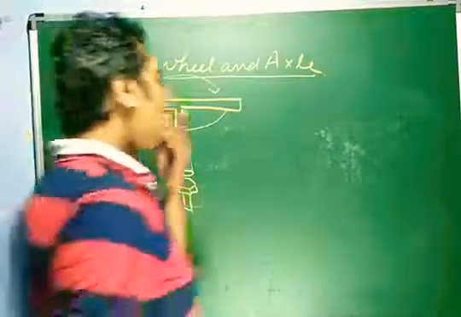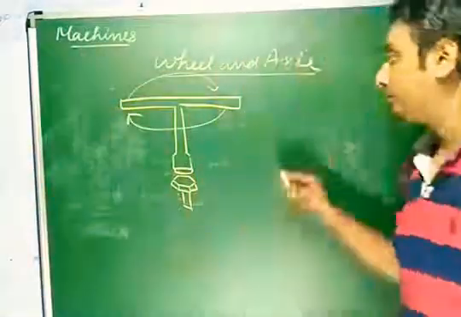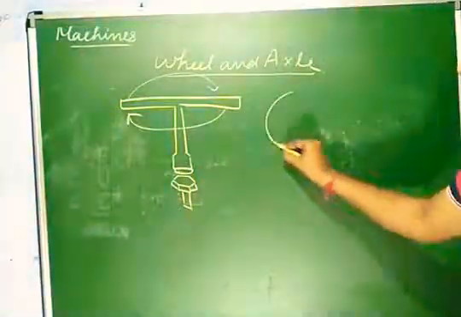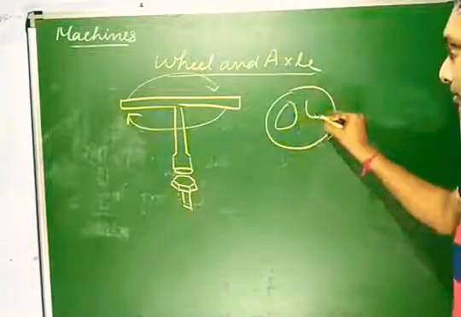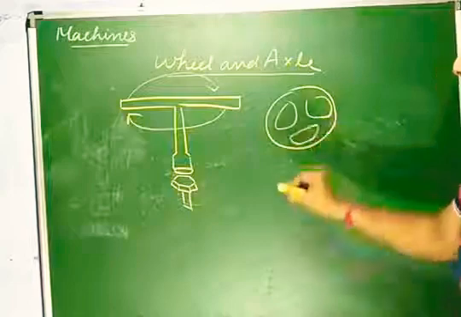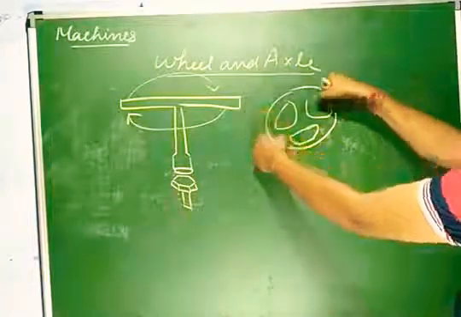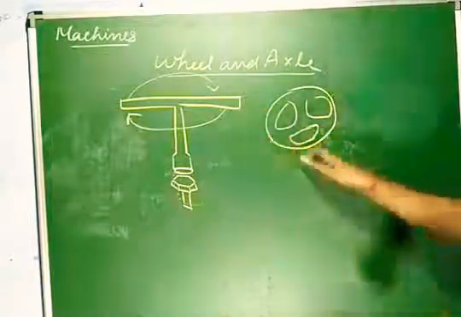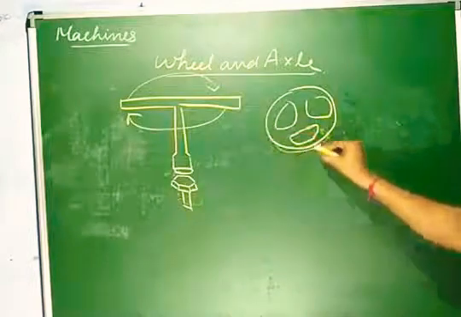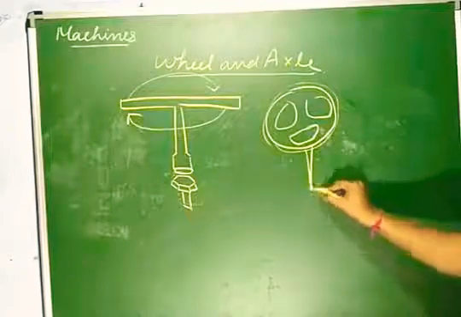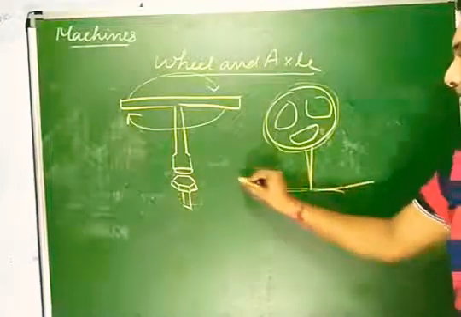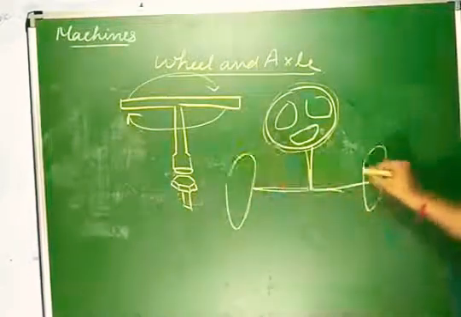We can apply a greater amount of force with the help of the wheel. Okay, you can also understand this with the help of the steering wheels of the cars. The steering wheel looks like this. We are just holding it like this and rotating. If you see, from the steering wheel a rod has gone inside which is connected to the wheels of the car.